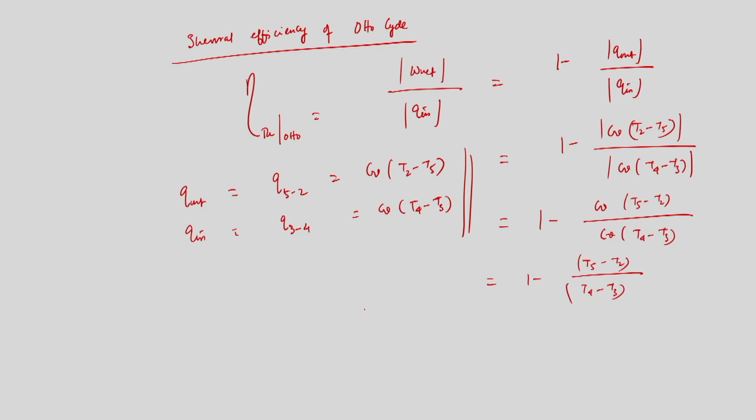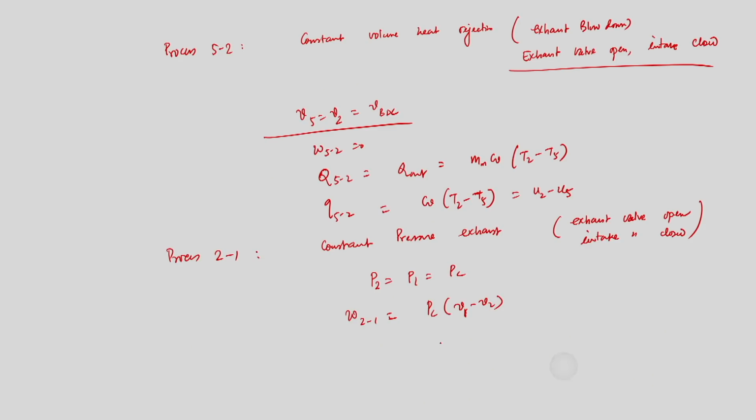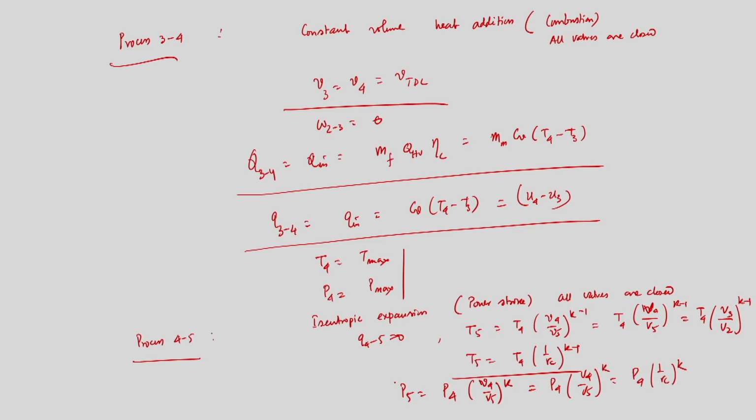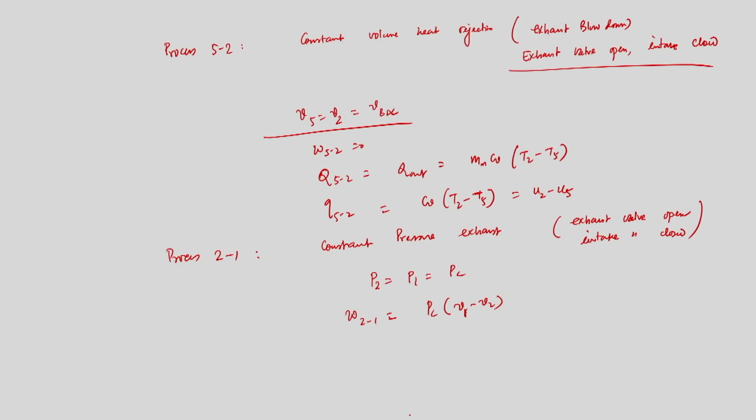So, what we can write is that T3 by T2 is equal to V1 by V2 to the power K minus 1.